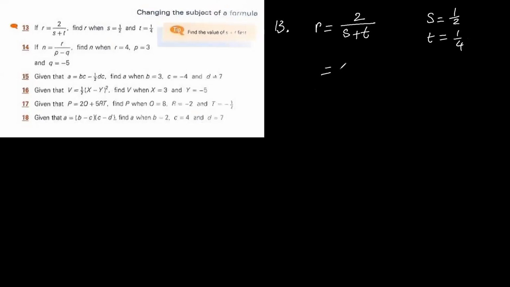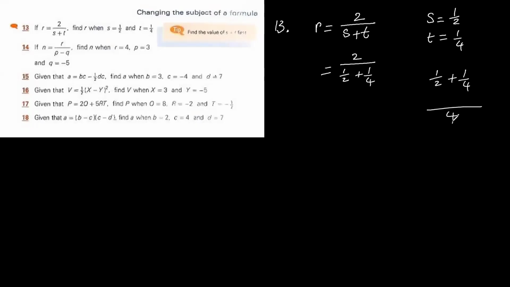So we want to add, because it's 2 divided by a half plus a quarter. In a working column, a half plus a quarter is 3/4, right? 4 is the LCM.